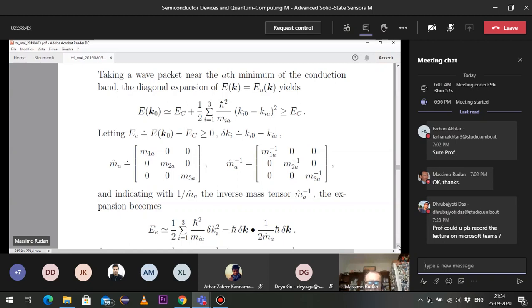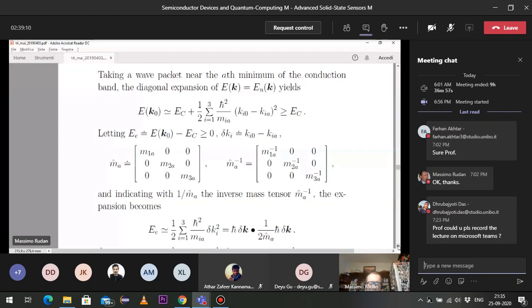This is useful because it shows that when we have the second derivatives of E of k, you remember the second derivative divided by h bar squared gives you the inverse element of the mass tensor, okay?